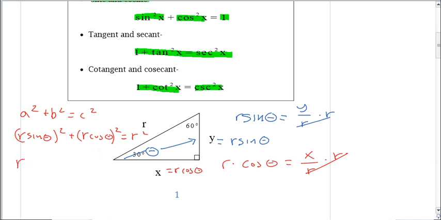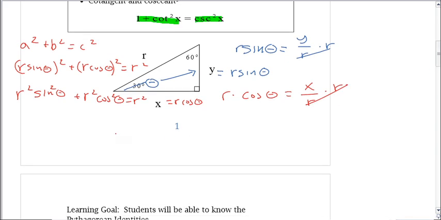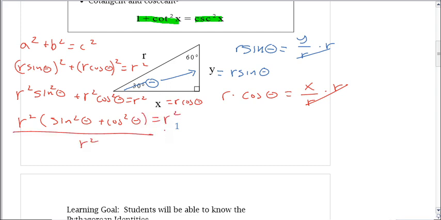If I rewrite this, I get r squared times sine squared theta plus r squared times cosine squared theta is equal to r squared. Let me scroll down just a little bit, have a little bit more room. Okay, I can factor out an r squared, so let me do that. r squared times sine squared theta plus cosine squared theta is equal to r squared. Now I can divide both sides by r squared.